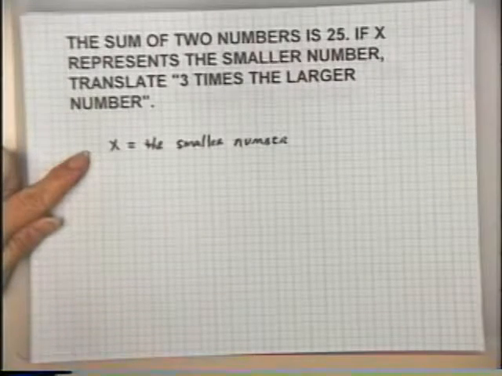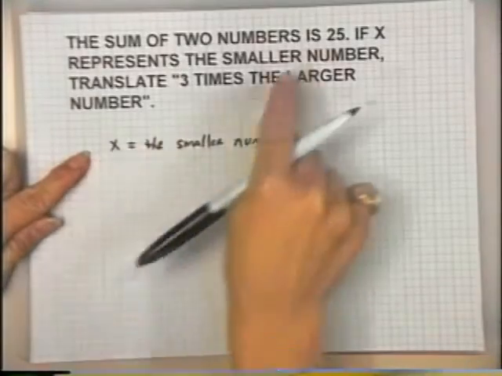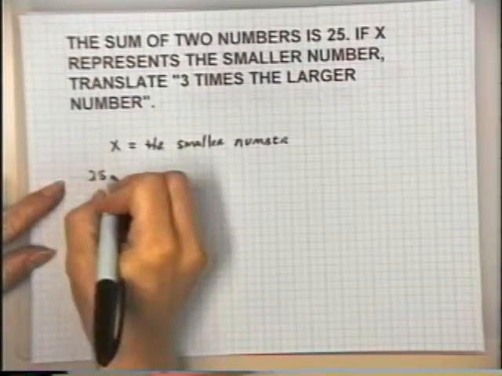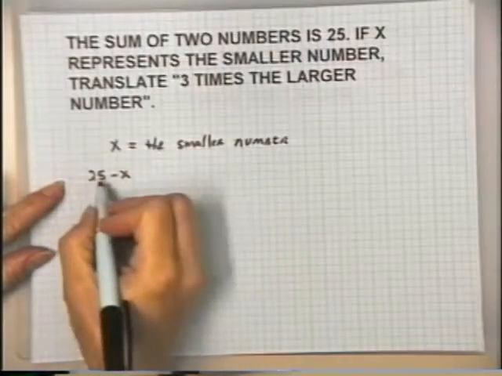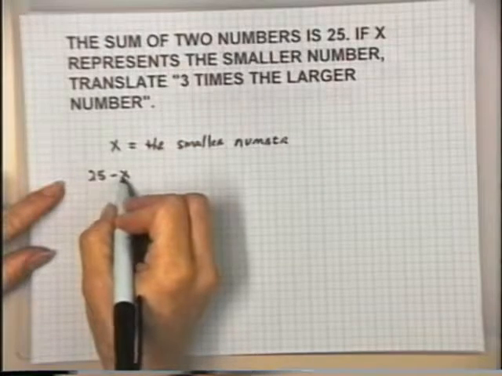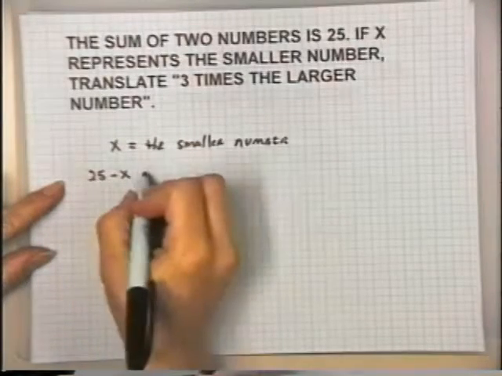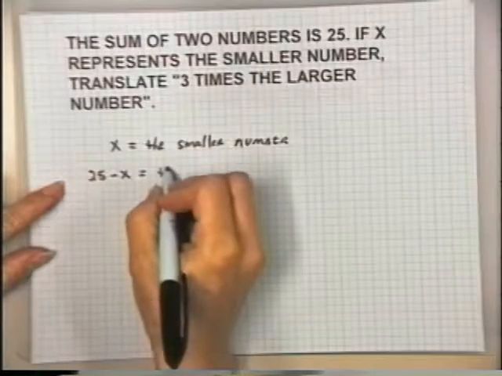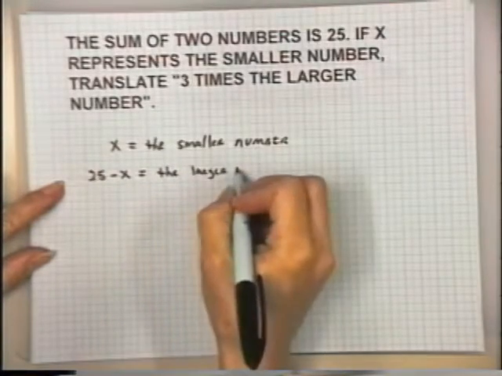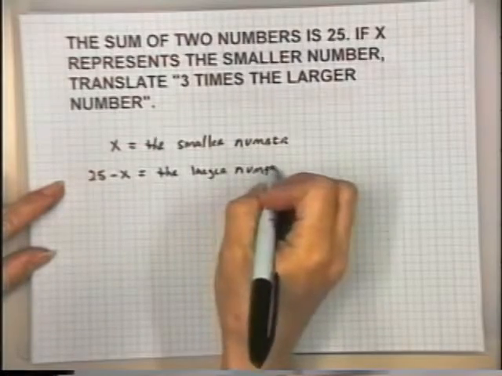So to find the other number, I need to subtract this x from 25. Since I'm saying it in that order, you need to be sure that you write down 25 take away x. x is being subtracted from the 25 to find this other number. Now this will have to be the larger number since x represented the smaller number.